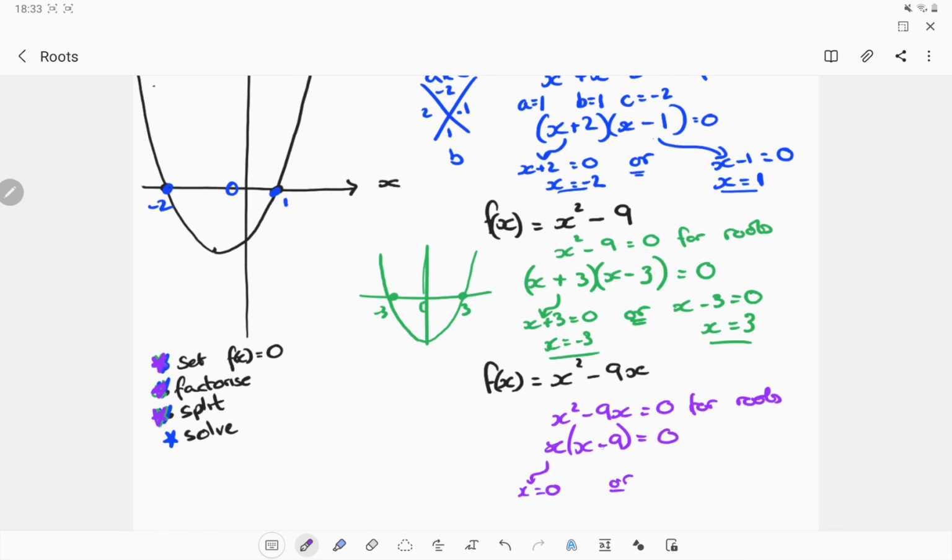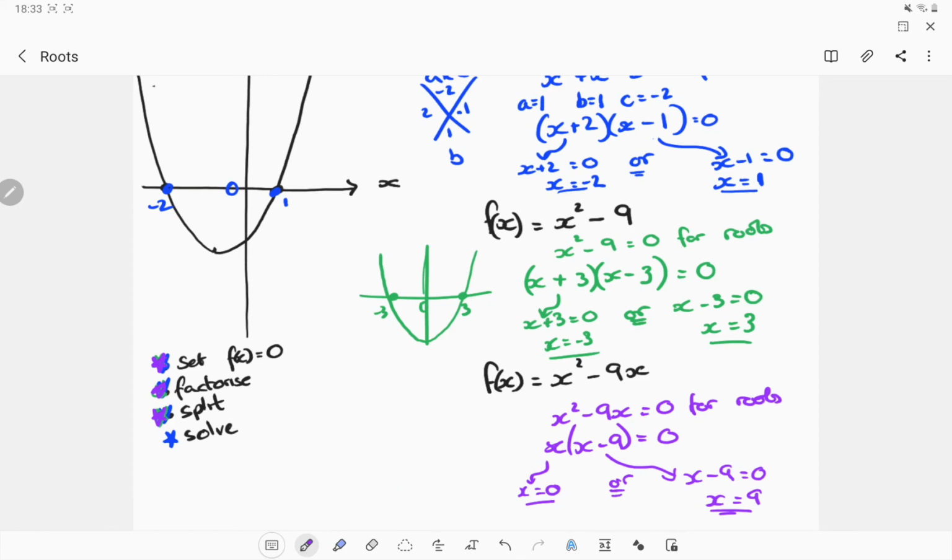Or, on the other side, we have x minus 9 equals 0. We don't have to solve that first one. It's already done for us. X is 0. On the second one, we take the minus 9 across, and we have x equals positive 9. Again, you have found your two roots.